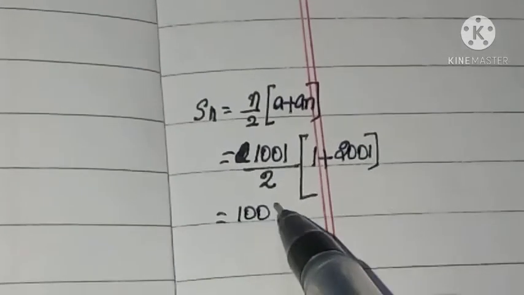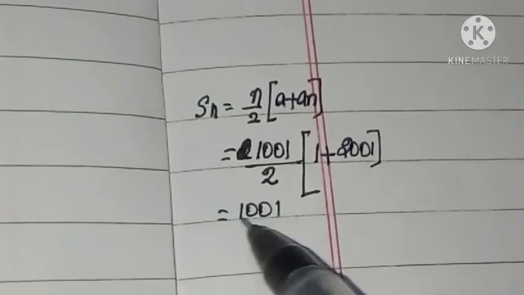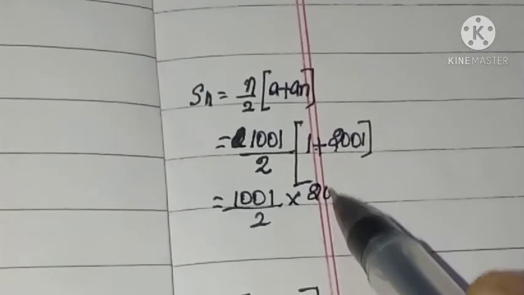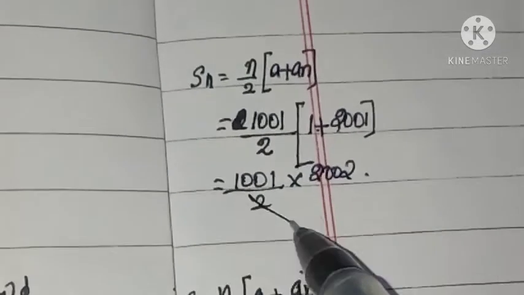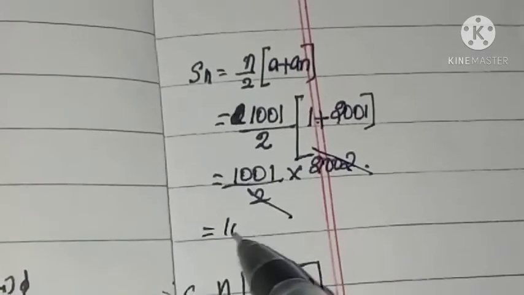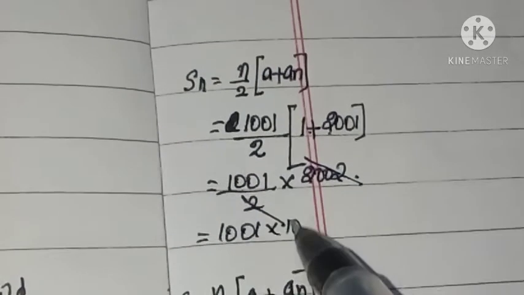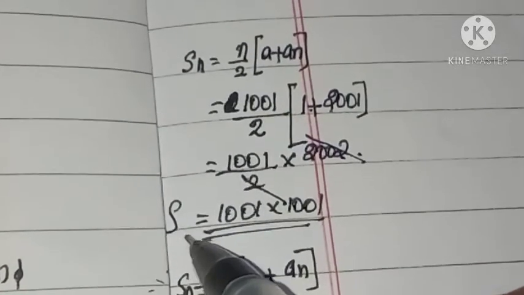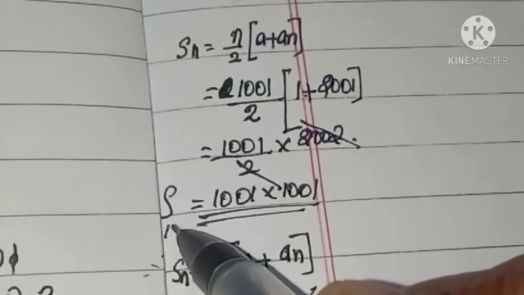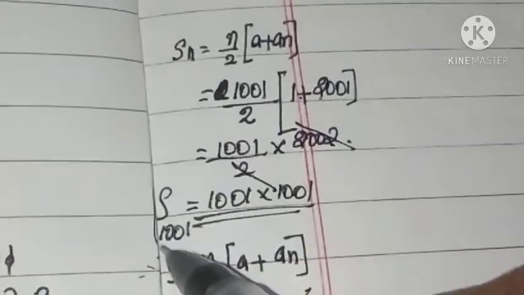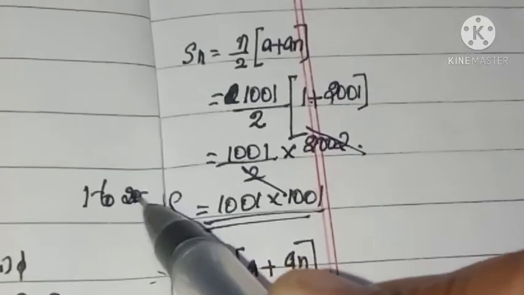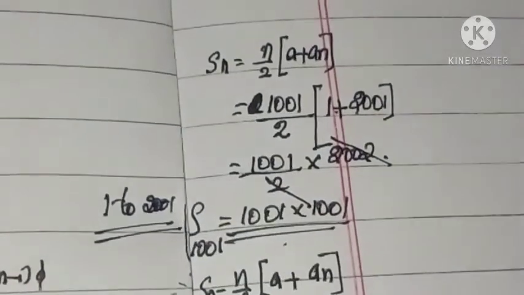So 1001 by 2 into (1 plus 2001), which is 2002. We can cancel these two and we get 1001 into 1001. This gives the sum of the 1001 odd integers from 1 to 2001.